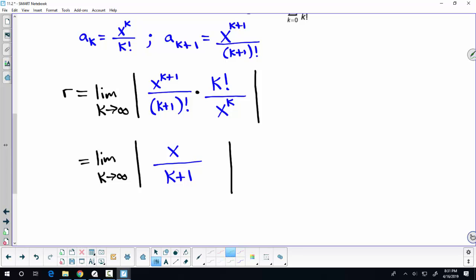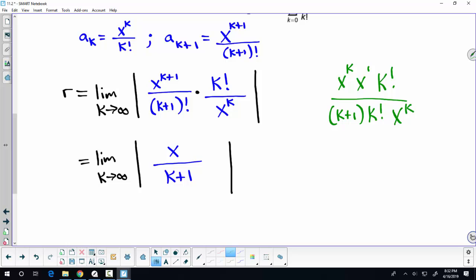I don't think so. That's x to the k times x to the first times k factorial on top. We have k plus 1 factorial, so we want to write that as k plus 1 times k factorial, so we can cancel the factorials. And then here's x to the k.